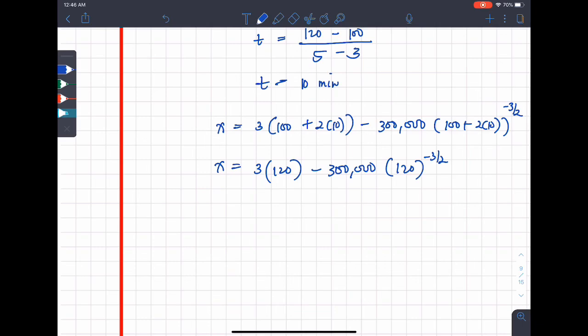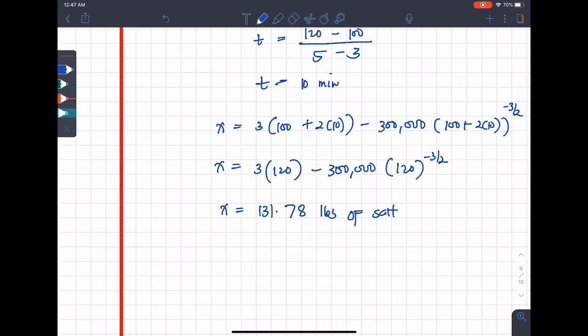And that gives us, correct, 131.78. So x would be 131.78 pounds of salt.